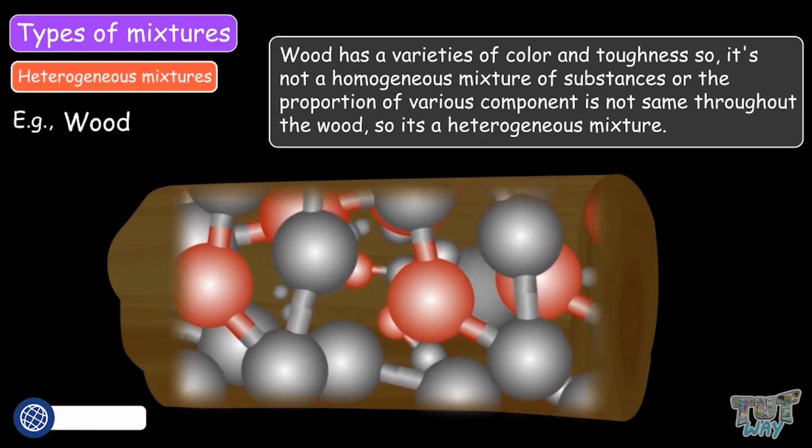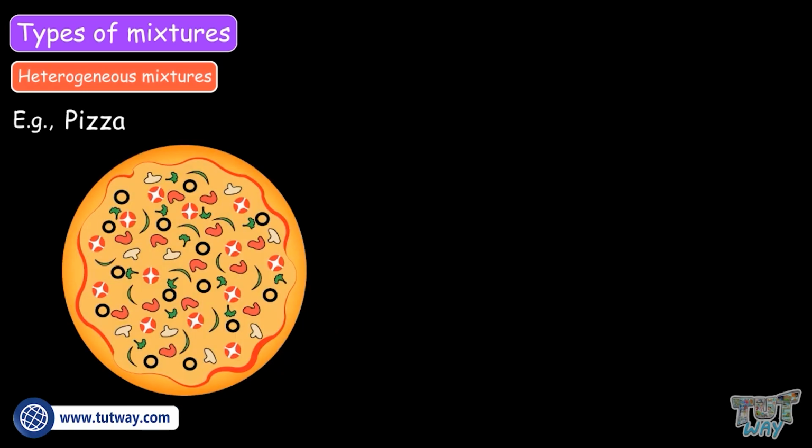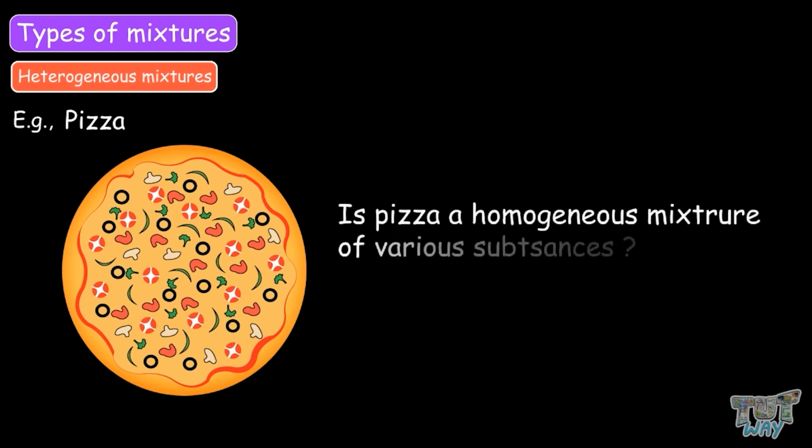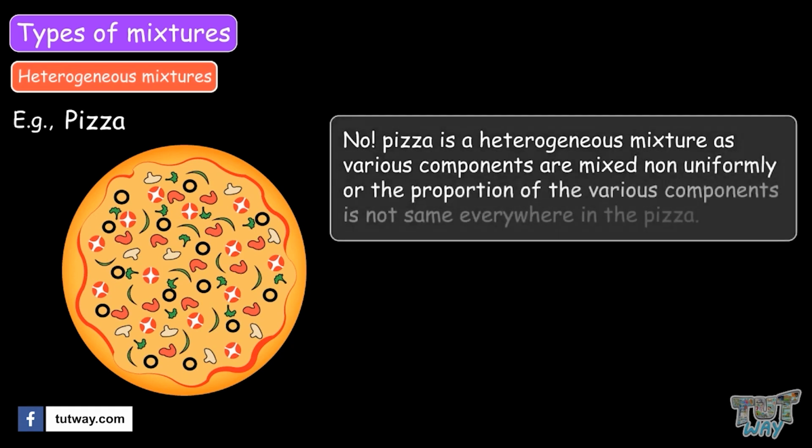Here we have another example. Pizza. Is pizza a homogeneous mixture of various substances? No, pizza is a heterogeneous mixture, as various components are mixed non-uniformly, or the proportion of the various components is not the same everywhere in the pizza.